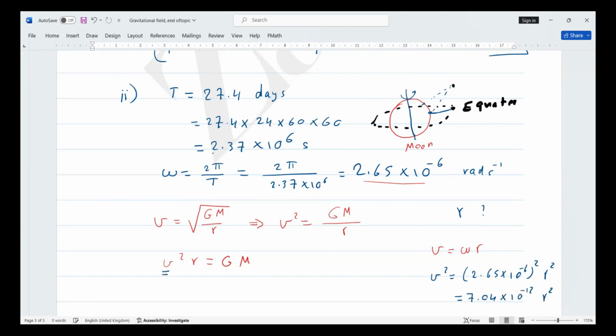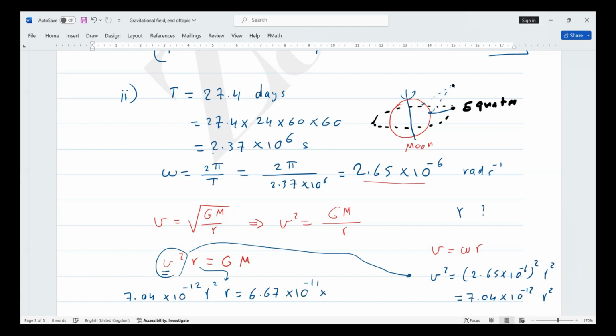Replace V squared by its value. So it is 7.04 multiplied by 10 to the power -12 r squared, because this is the value of V squared. Multiply another r here, which equals G, which is 6.67 times 10 to the power -11, times M, the mass.